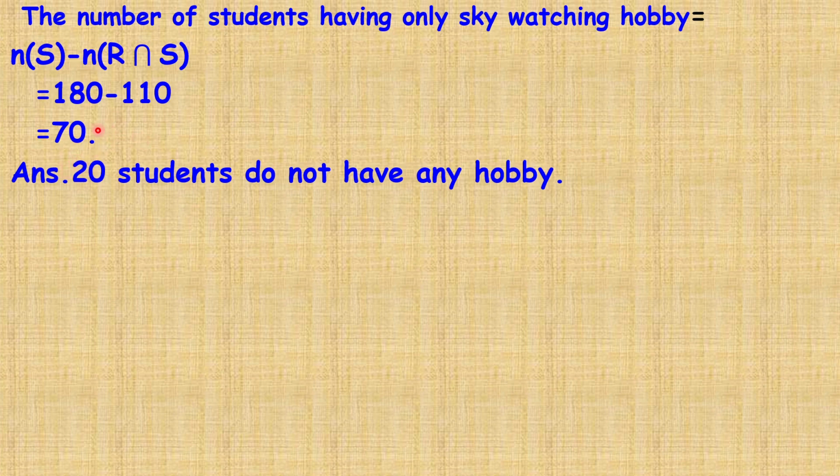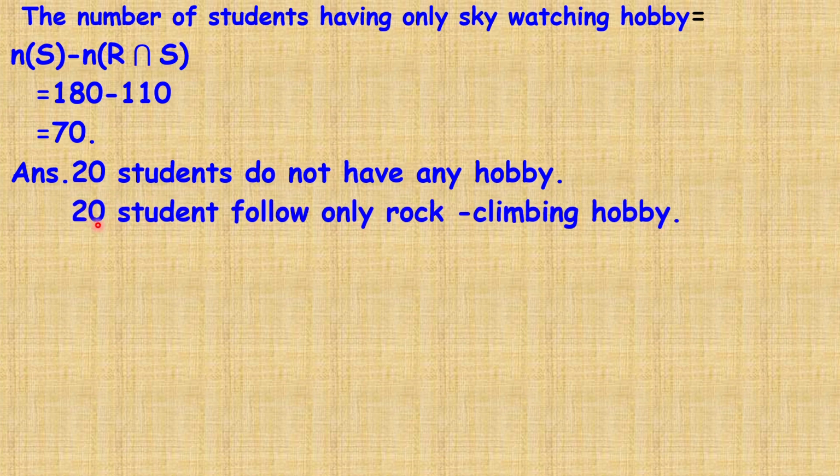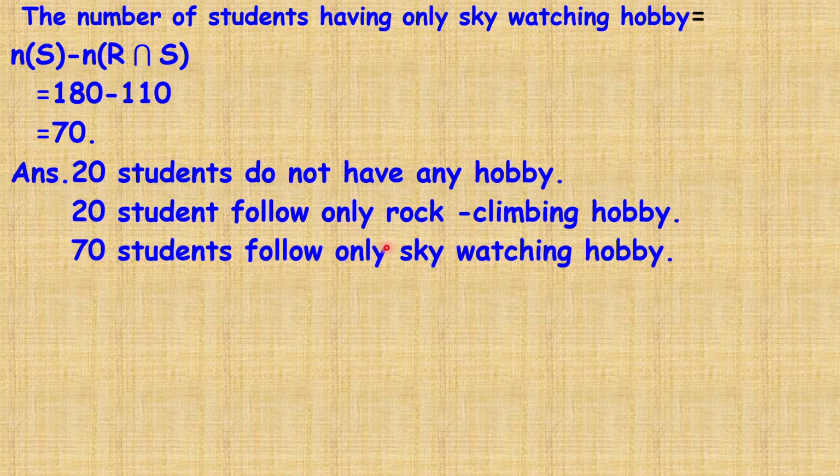Thus, 70 students have only the sky watching hobby. So, in the above example, 20 students do not have any hobby, 20 students follow only rock climbing, and 70 students follow only sky watching.